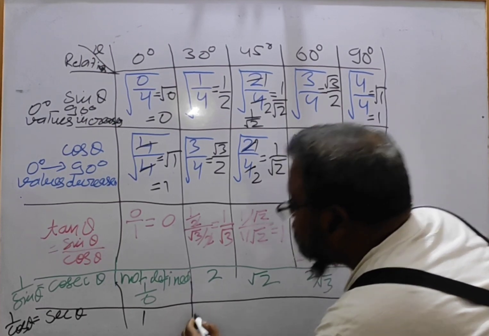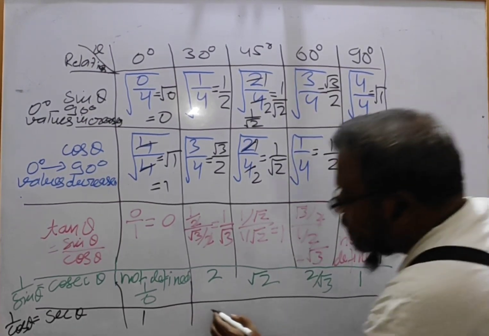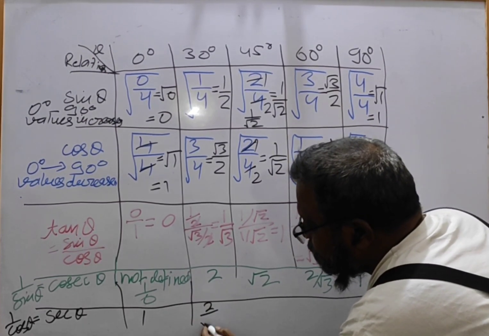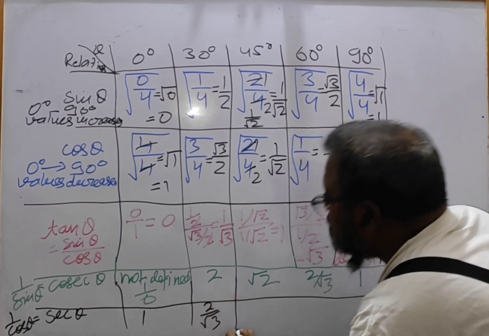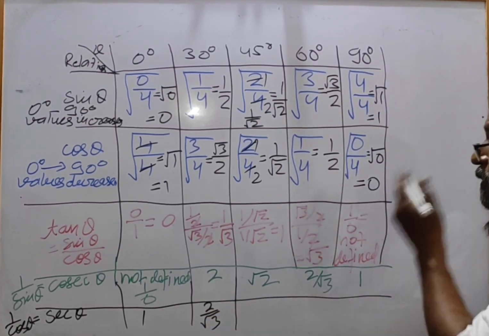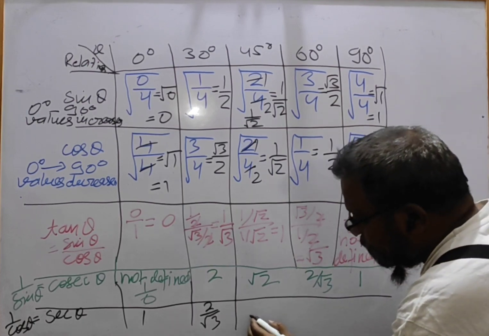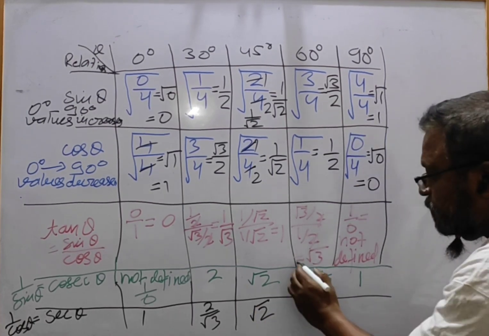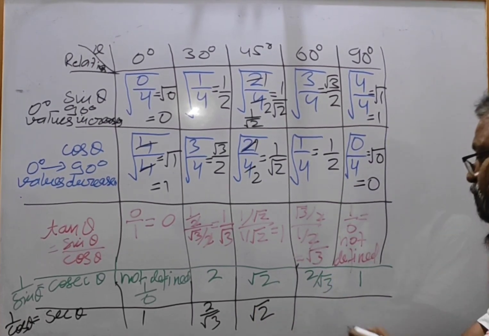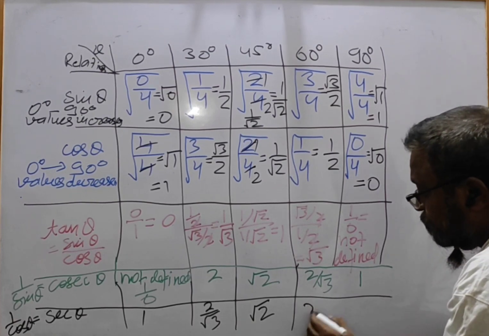And this is 2 upon root 3. Then we get root 2. Then we get 2.